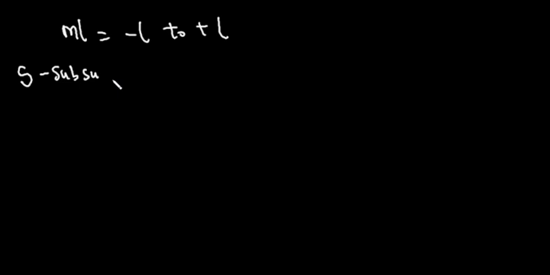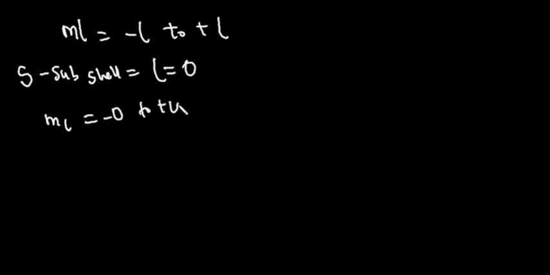Remember that the l value for s is 0, which means the ml value would be minus 0 to plus 0. And minus 0 to plus 0 is still 0, which means that we only have one block for s.